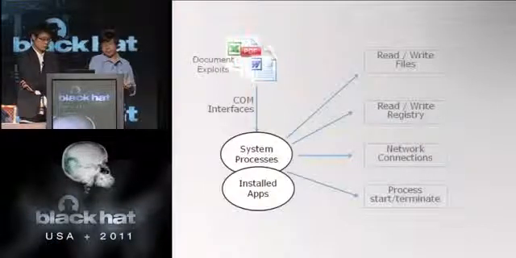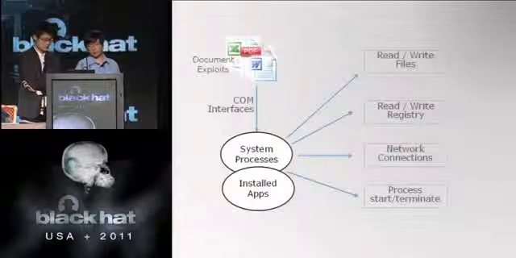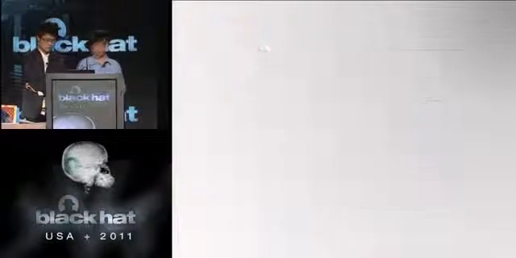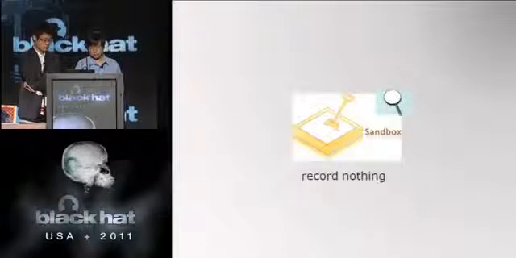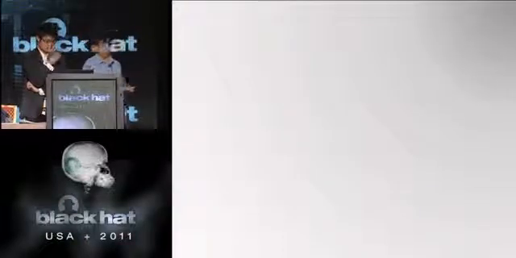Actually, not only system processes, some general installed applications could do the same things as well. For example, Word and Excel provide a COM interface, so they can do things for malware.